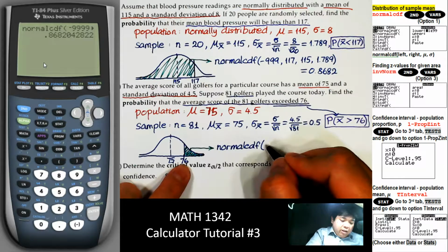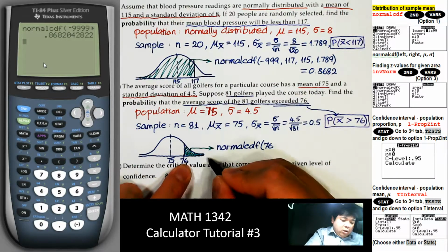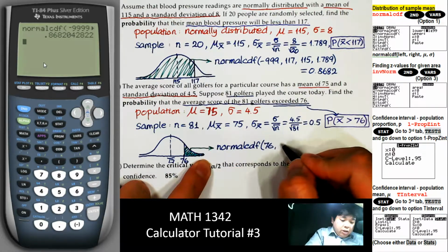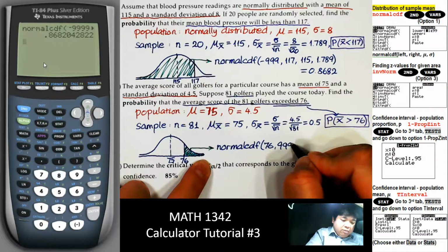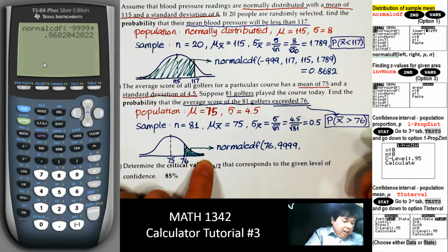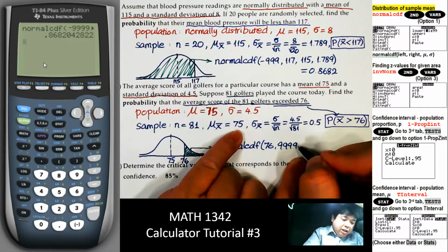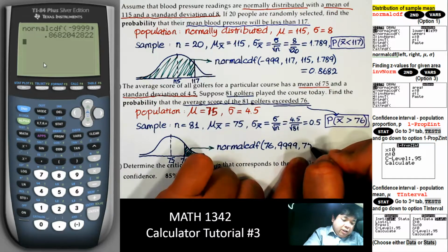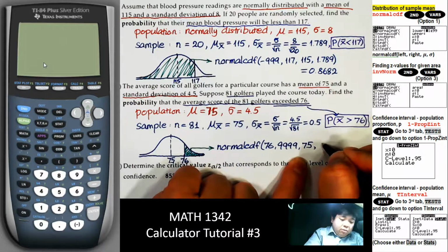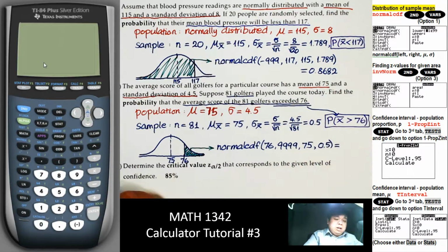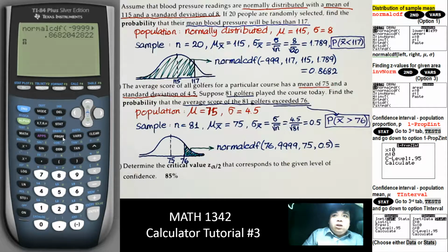We'll go from 76 to a very big number, so let's use 9999, and then the mean is 75, standard deviation 0.5. Right, that's what we enter on the TI-83. TI-84, we just fill out the form really.